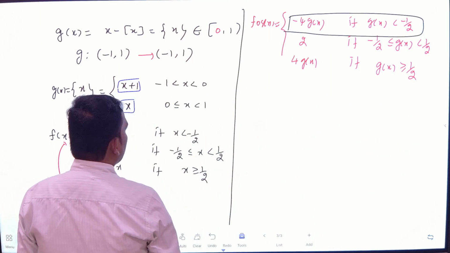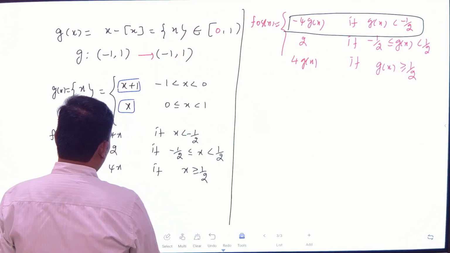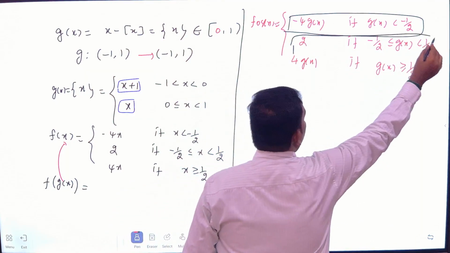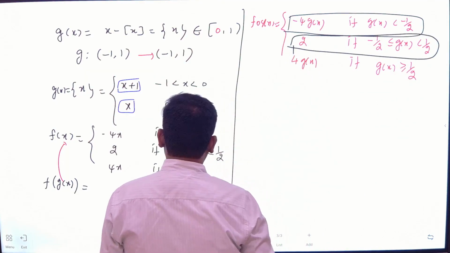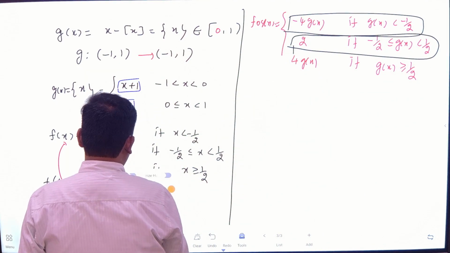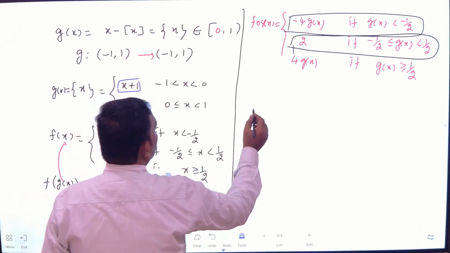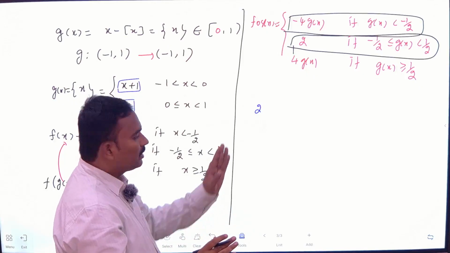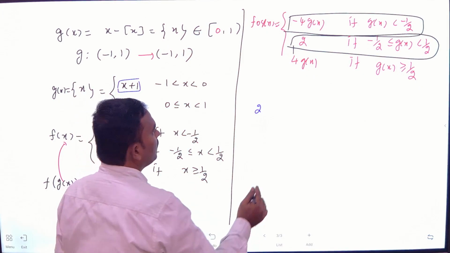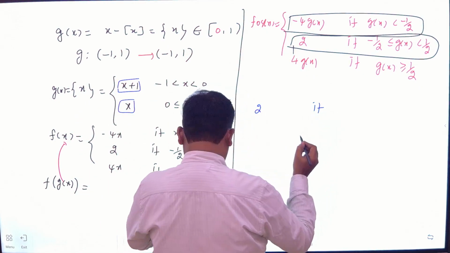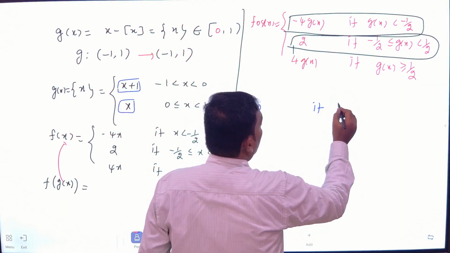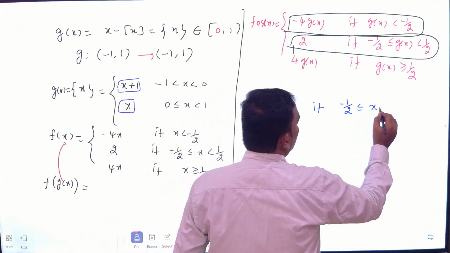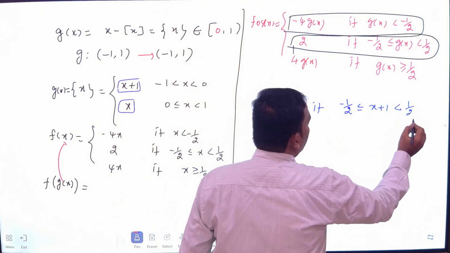Fine. Next, let's fix the second function. Next you fix the second function, right? Then what will we get quickly? So 2, there is no problem. Any x value you take, the function is a constant, right? So here f is 2 when minus 1 by 2 is less than, first function you fix it, x plus 1 less than 1 by 2, right?